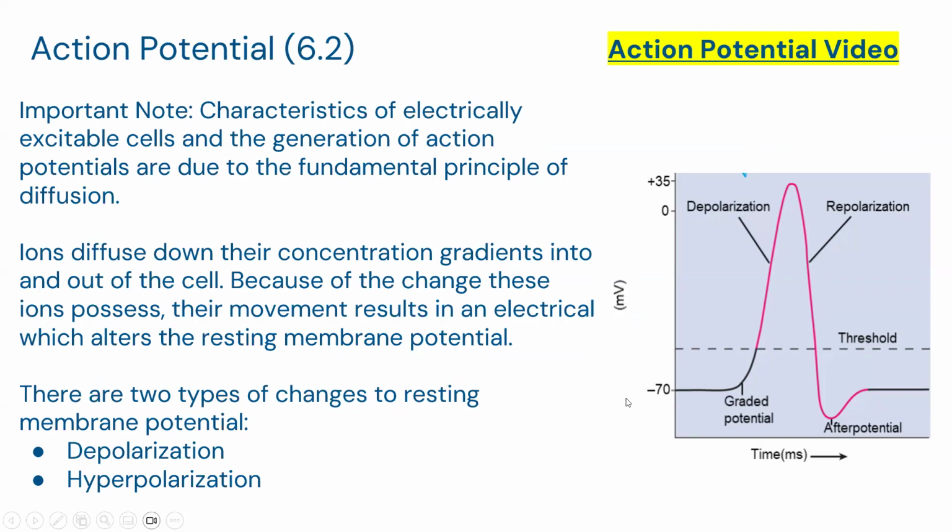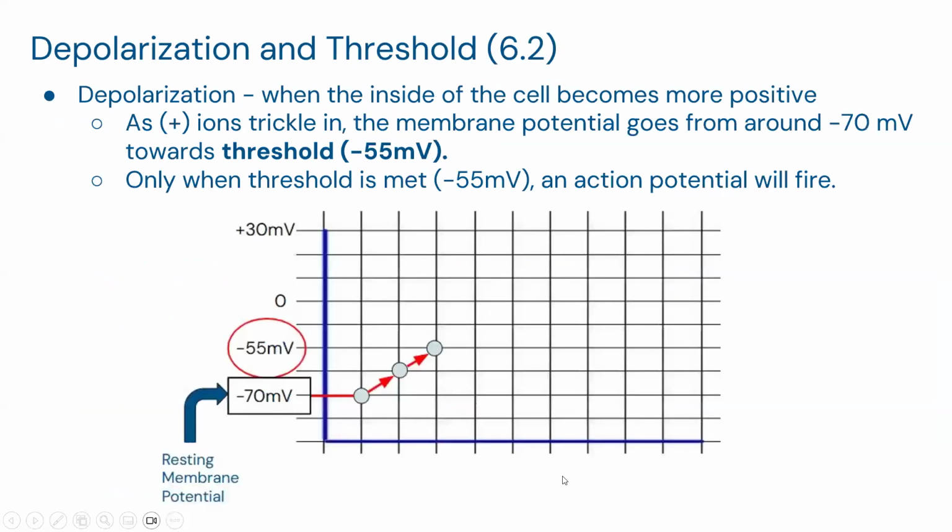And so we're going to walk through not just what happens within our cell membrane and what happens with these ions, but also how we can graph that out. So we have our charge here on the side, and we have our time here on the x-axis. So charge on the y, time on the x, and all of these different vocab words are going to be important to you. So we'll walk through all of these words together.